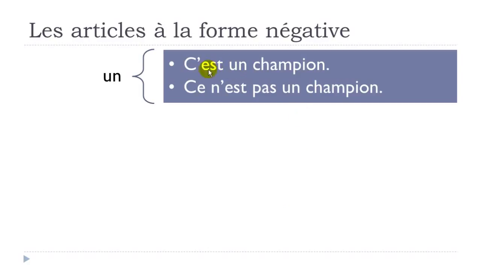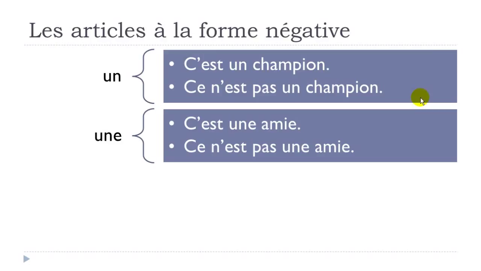Here, c'est un champion. Okay, un champion, a champion. So c'est, this is, it is, un champion. Okay, and if you want to put the same sentence at the negative form, look, ce n'est pas un champion. So you will keep your article as you had previously here, un. It doesn't change.